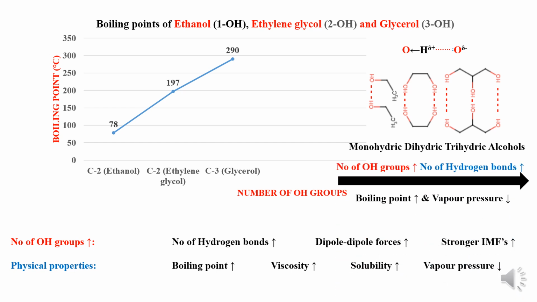As the number of OH groups increases, the number of hydrogen bonds increases, and as a result, due to the increase in the stronger intermolecular force, that is hydrogen bonding, vapor pressure falls and the boiling point increases.